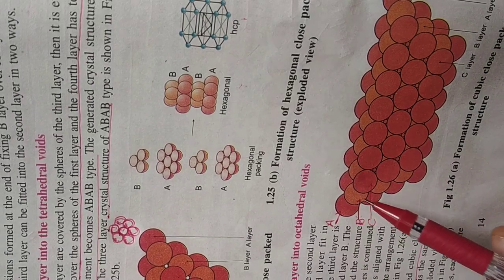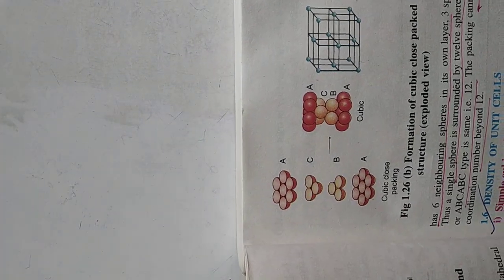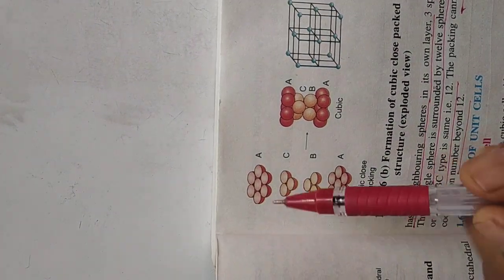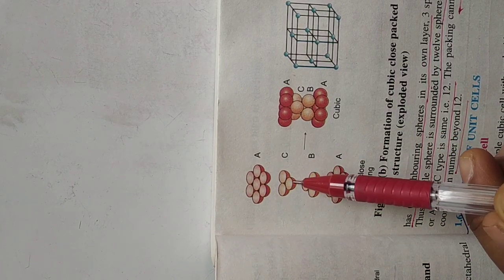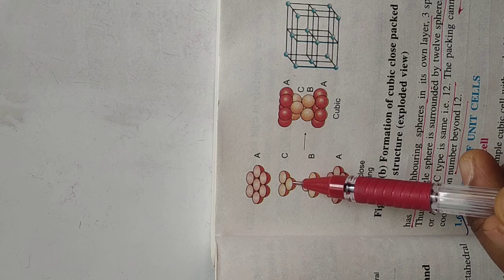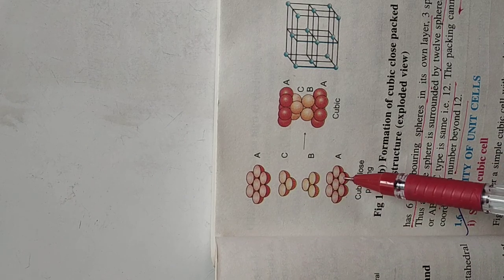In this arrangement, this is simply the A layer, this is the B layer, and this is the C layer. In this arrangement, this is cubic close packing. How does it take place? You can see here, this layer, this is three spheres, this is three spheres and this is the A layer.